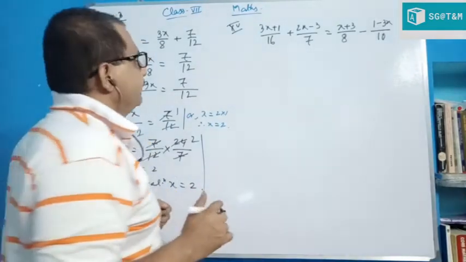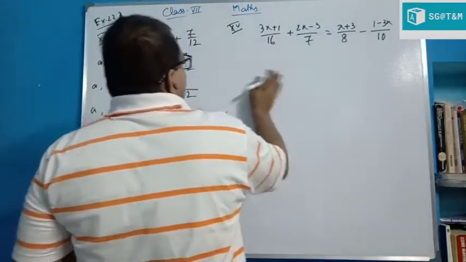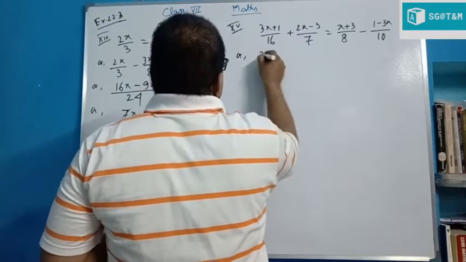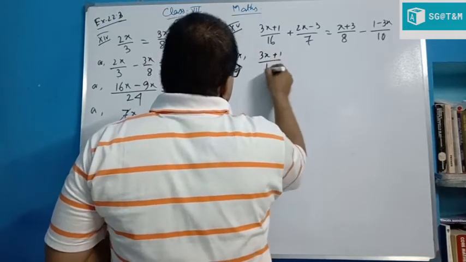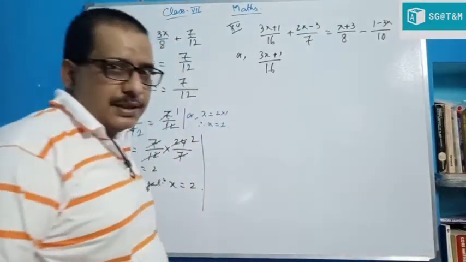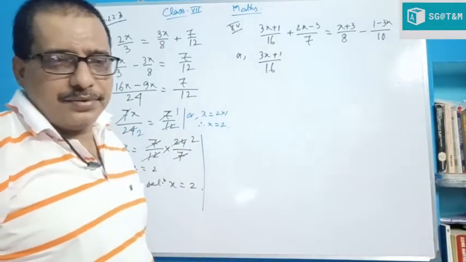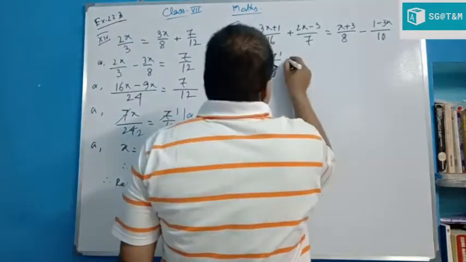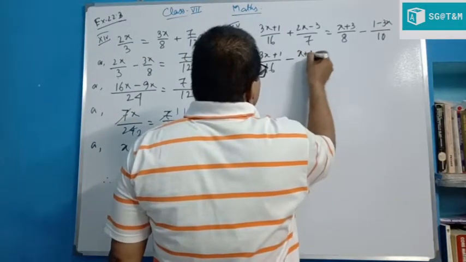So many processes. Now, if you follow in this way, most probably the calculation will be easy. This is 16 and this is 8. LCM of 16 and 8, very simple, is 16. So x plus 3 by 8 is taken to the left hand side first.